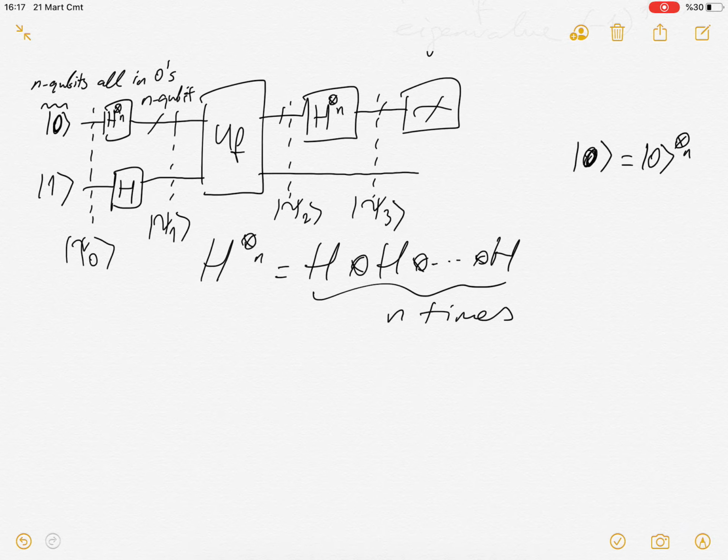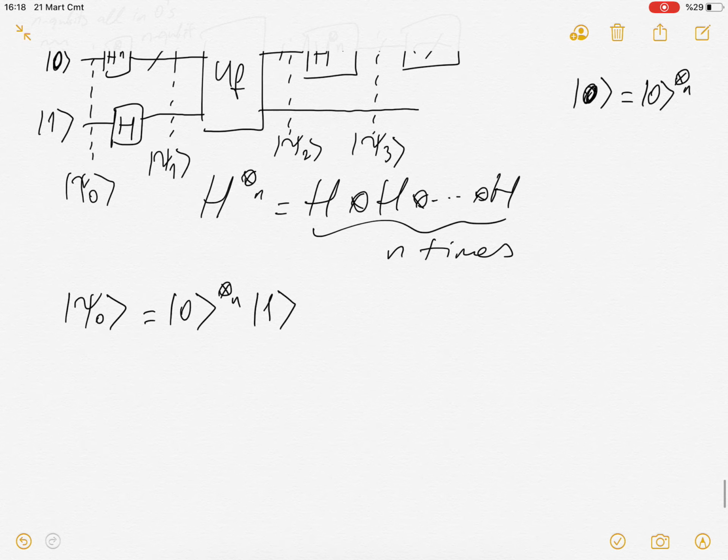The first step is to initialize the first input register to all zeros. And then the second qubit is in state 1. So that means psi 0 will be in state 0 tensor n tensor ket 1. It's an n plus 1 qubit input.